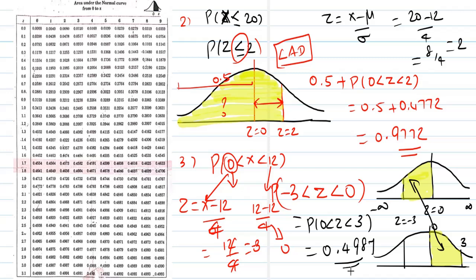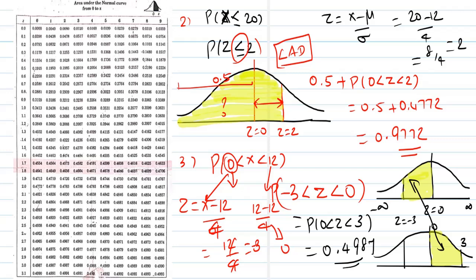So 0.4987 is going to be the final probability of the value of x lying between 0 to 12, on conversion from 0 to 3. I hope you understood the region plotting and evaluating the data from the table.